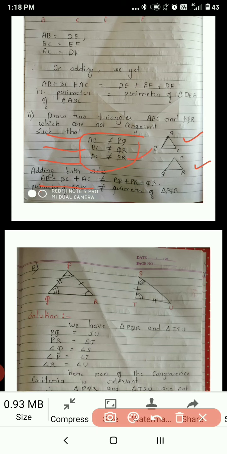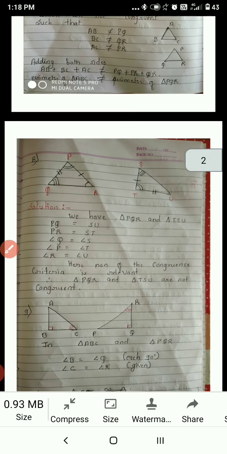When sides are not equal, their sum is not equal. Therefore, we can say that the perimeter of triangle ABC is not equal to the perimeter of triangle PQR. Why? Because when sides are not equal, their sum is also not equal. Understood, beta? Okay. Now question number 8.